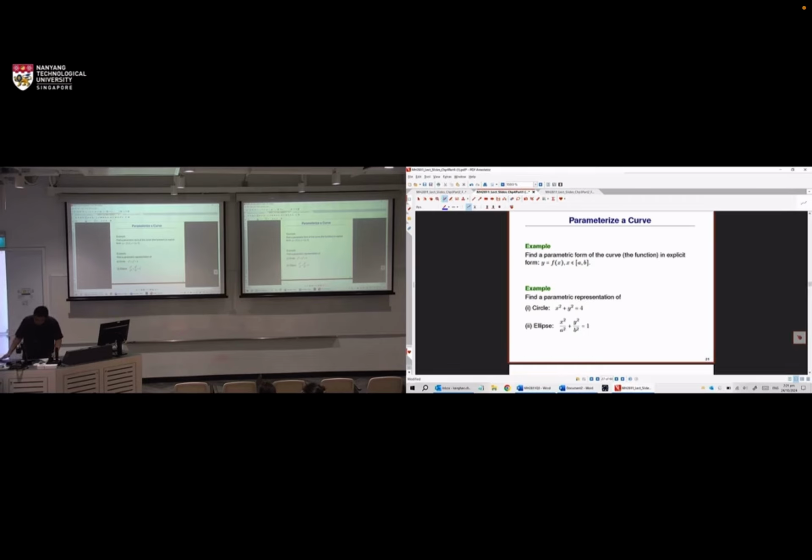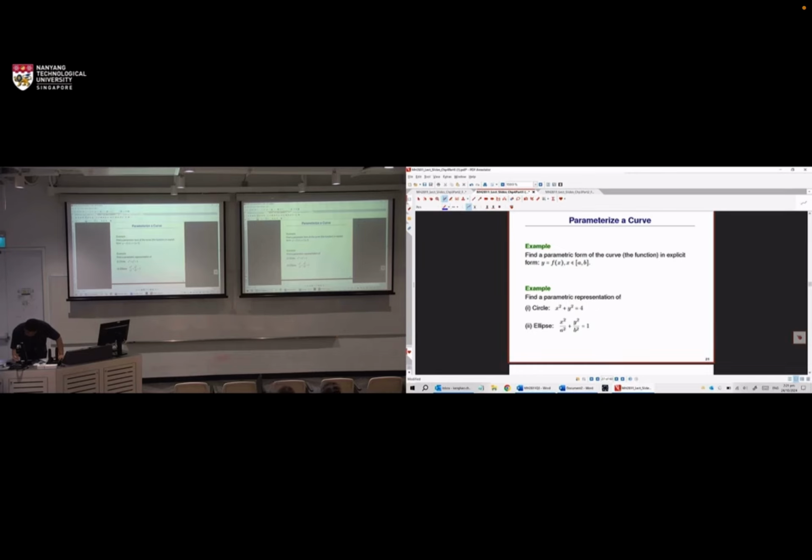Now, how to parameterize a curve? Find a parametric form of the curve, given the function in explicit form, y equal to f of x. So the first case, we have x squared plus y squared equal to 4.